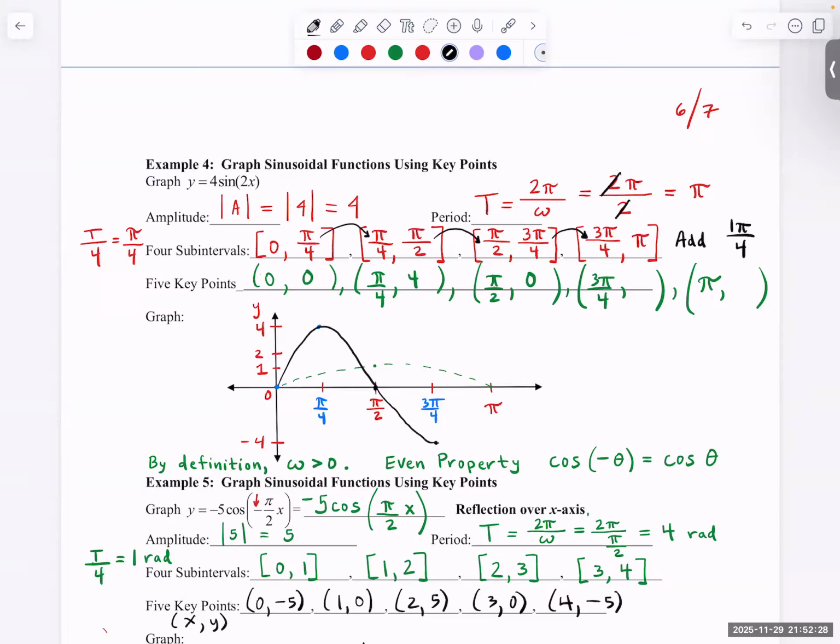We have a local min, the graph begins to rise, function values increase until we get to a common point there at pi radians, comma 0. So filling in the last two of the 5 key points, at 3/4 pi the function value is -4, and at pi radians, the function value is back to 0.